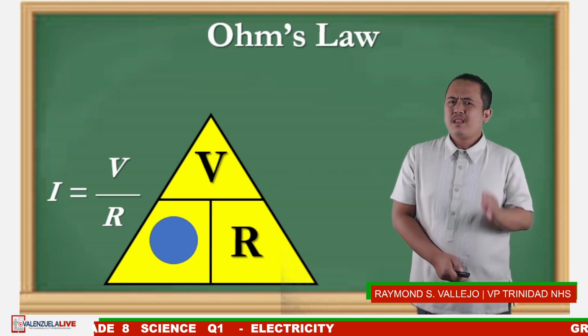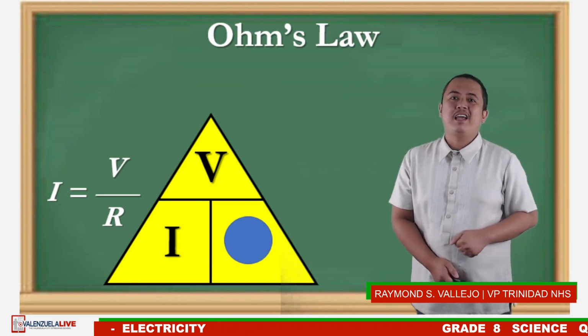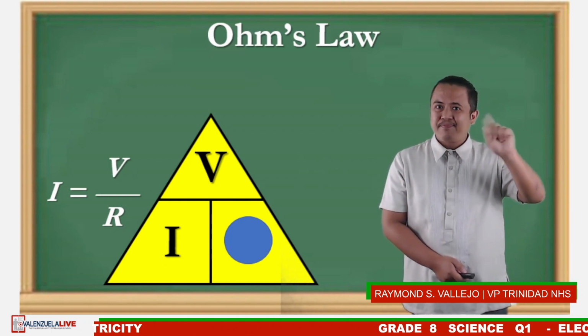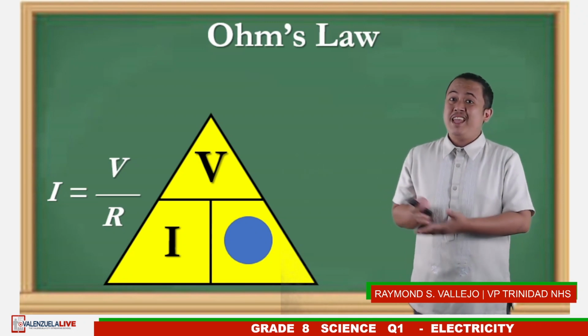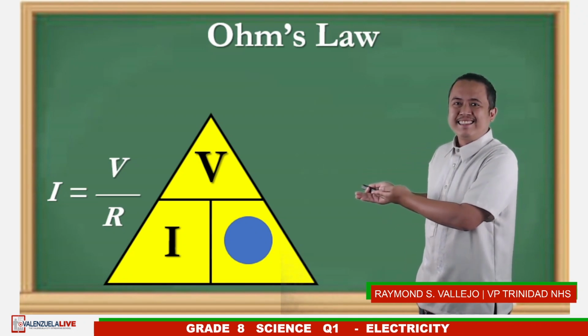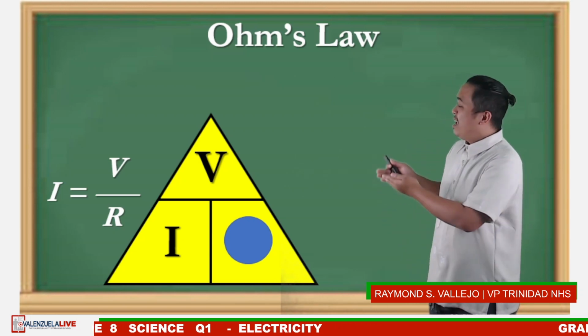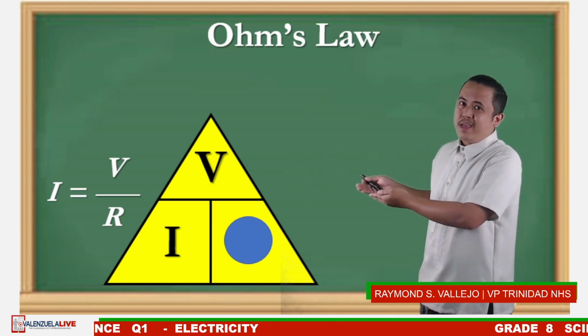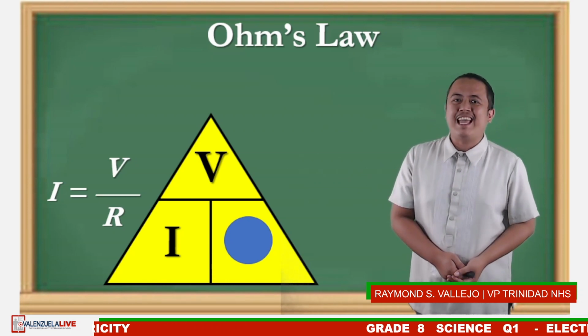Now, try to block letter R from your side, again using your finger. What is the formula for electric resistance? Again, if the missing quantity is electric resistance, what will be the formula? Write your answer in the comment section.